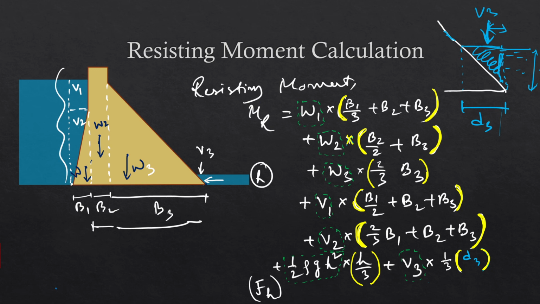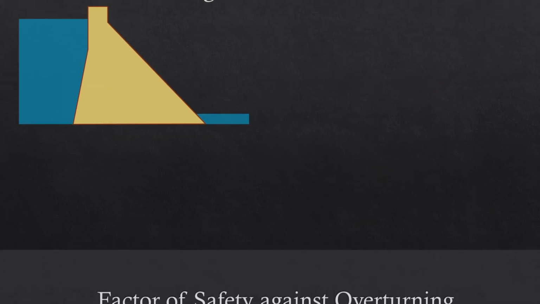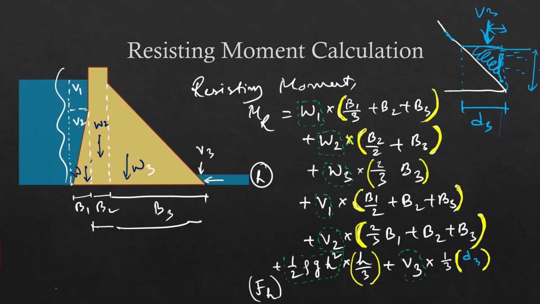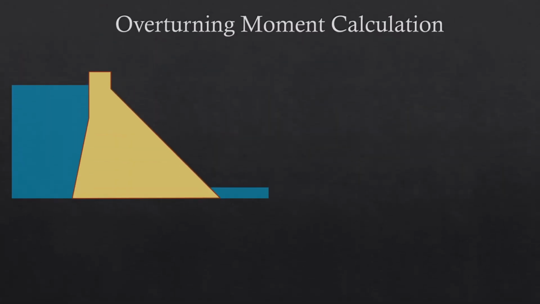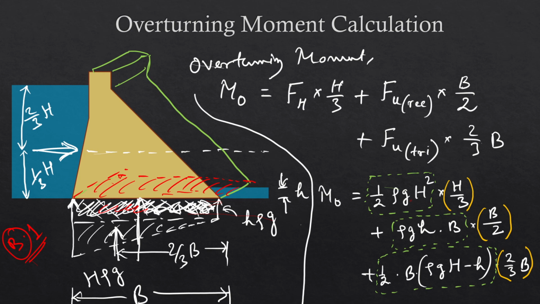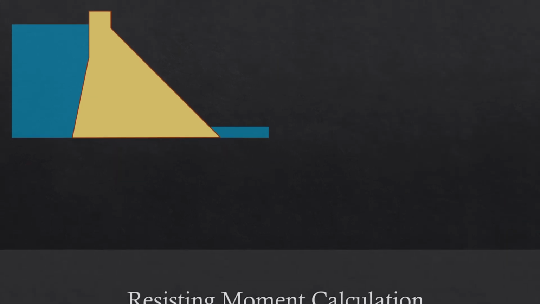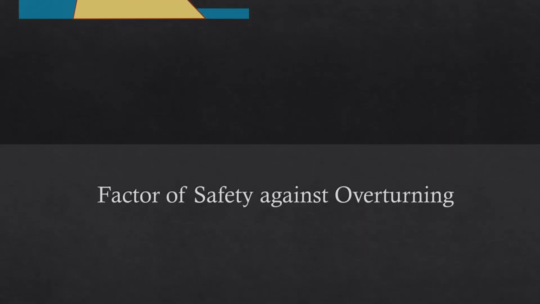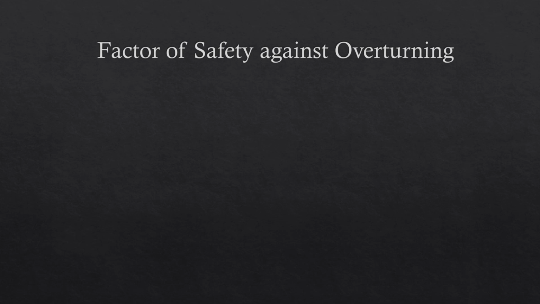Once we calculate these moments, one thing we have to do is check whether the resisting moment is greater than the overturning moment, because only then will the dam be stable. So what we'll do is find out something called a factor of safety.